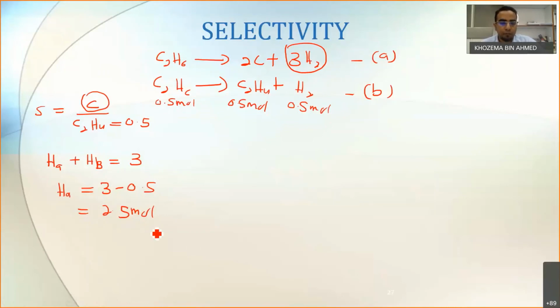Now I can find the amount of carbon nanotube produced based on my stoichiometric ratio.